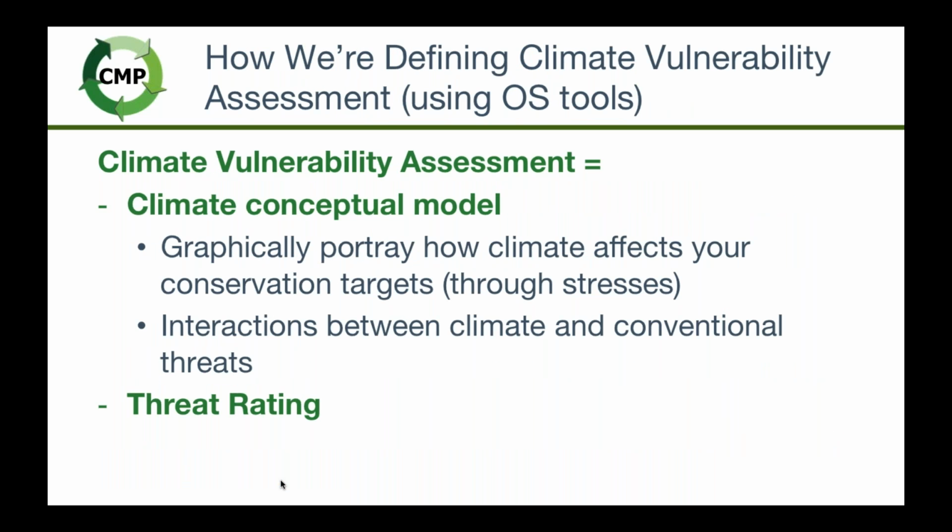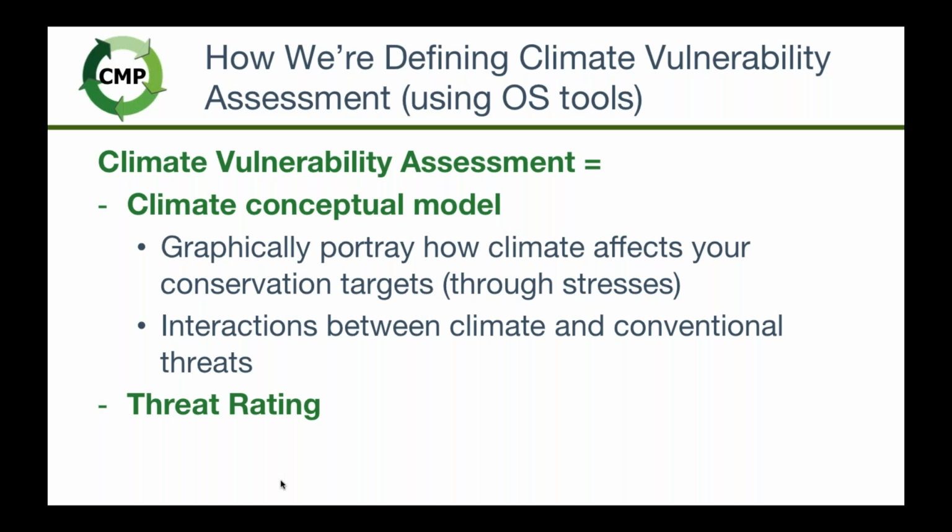So how are we defining climate vulnerability? We are basically saying that, assuming that you have good information, and that's really critical, you can use a couple of tools, the climate conceptual model and your threat rating, to basically diagram out and then rate your climate vulnerability.